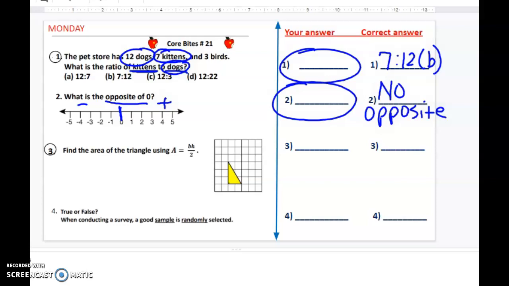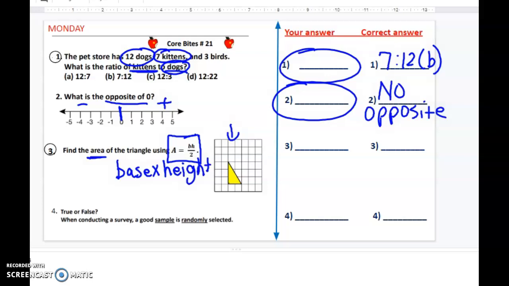Okay, let's look at number 3. For number 3, you are finding the area of this triangle using that formula. Look at that formula carefully. B is going to stand for base. H stands for height. And when you see those letters written next to each other with no other symbol between them, that means to multiply.